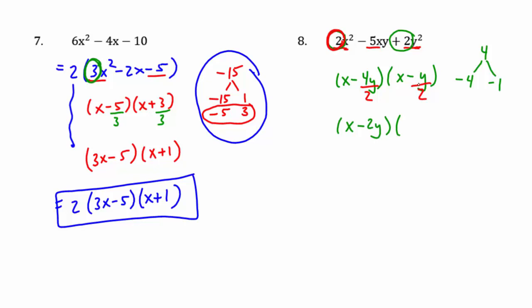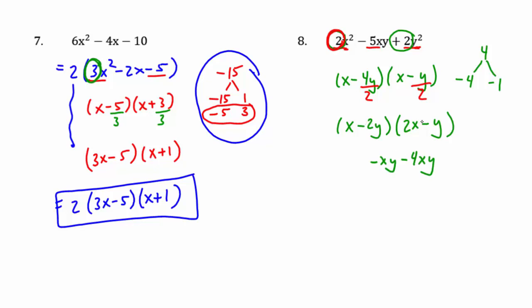And this one, 1 and 2, that's already reduced all the way, so we grab the 2, bring it in front of the x, and then we'll have 1y below here. So if I look at this, this is x times x, which is 2x squared. x times negative y is negative xy. Negative 2y times positive 2x is a negative 4xy.